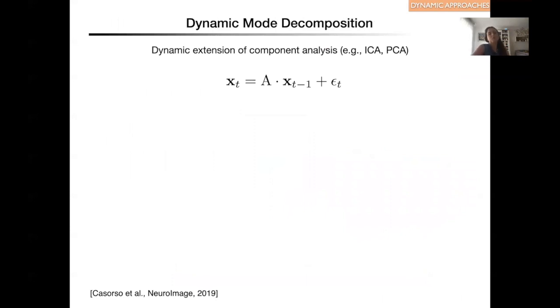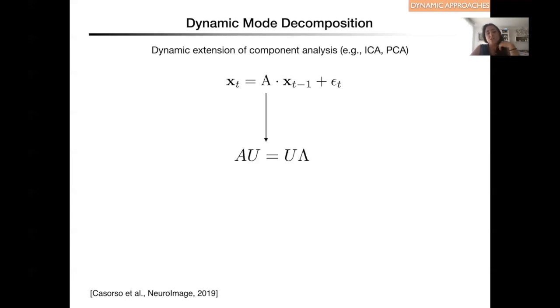Also, based on autoregressive models, we can have a dynamic extension of component analysis such as ICA and PCA, which was again introduced by a project led by Rafael, and is called dynamic mode decomposition. So how do we retrieve dynamic modes, the components?